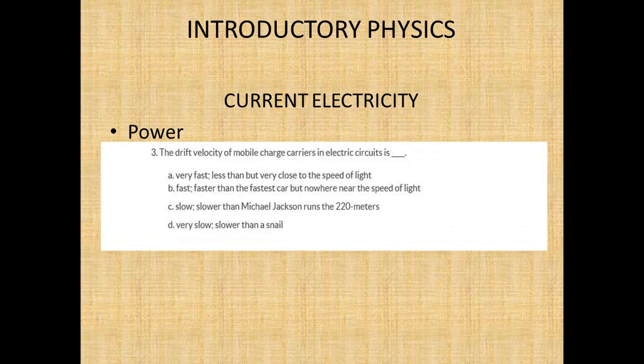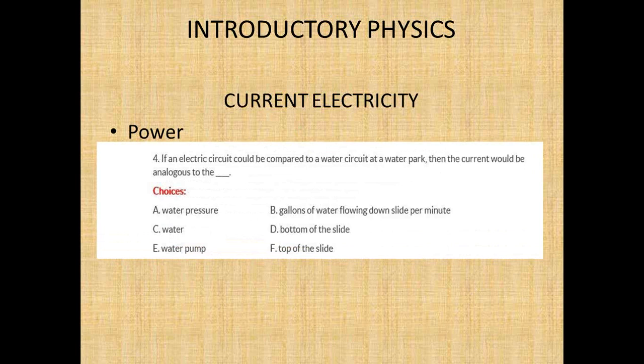But in actuality, the electrons are going to travel from the negative terminal to the positive terminal. These electrons travel exceedingly slowly because they're going to be bumping into atoms and changing their directions. They're going to travel very slowly to the positive terminal. So these electrons move very slowly.